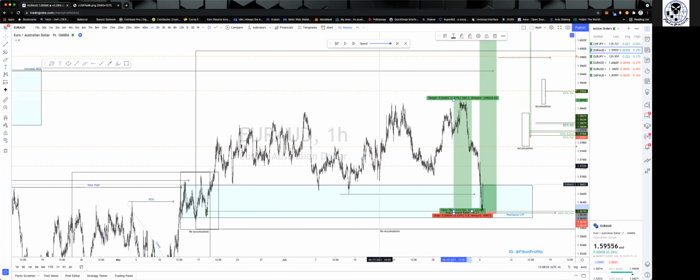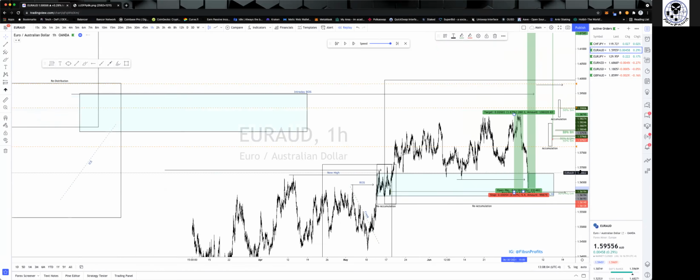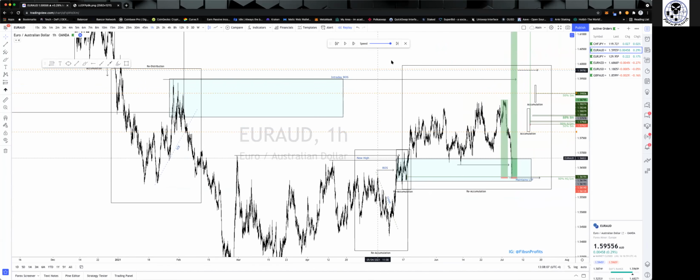But really clean play. Now, where my next partial area I was looking at, coming back into what was maintaining the intraday structure, I used again a quarter theory number and half level of 1.59500. So once we got up into this area here, I closed out my second partials. All right. So ultimately out of that $6,000 that I would have potentially had at this point if I was trading a 100K account, I closed out 25%.